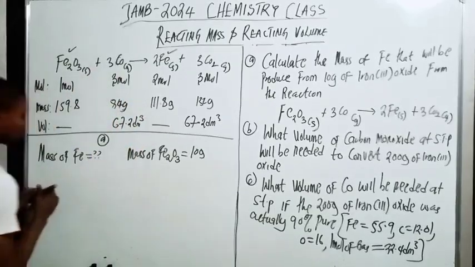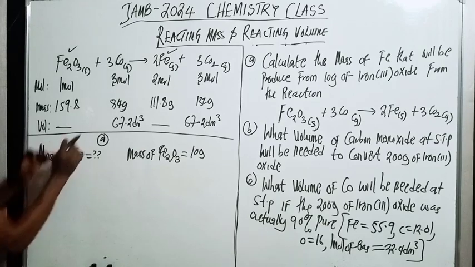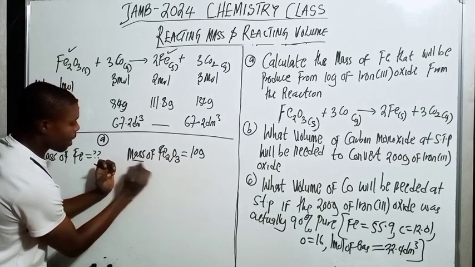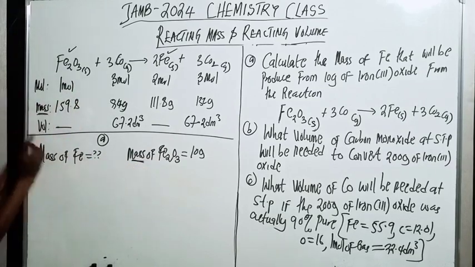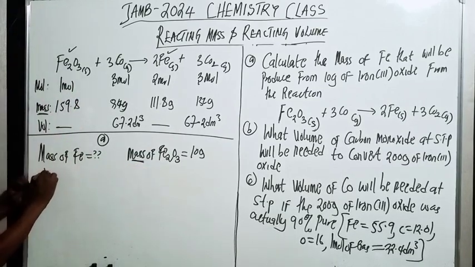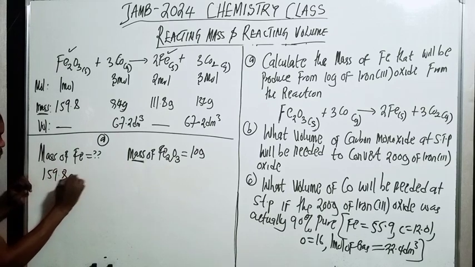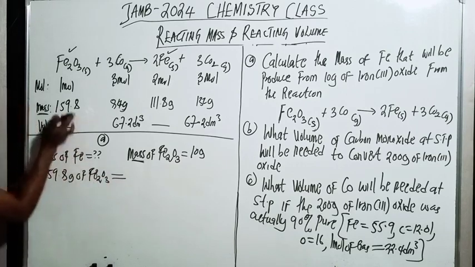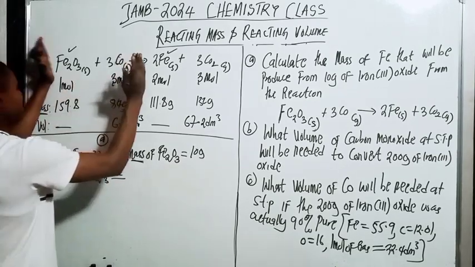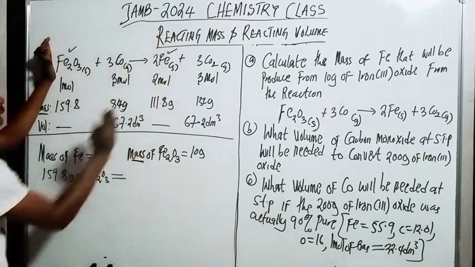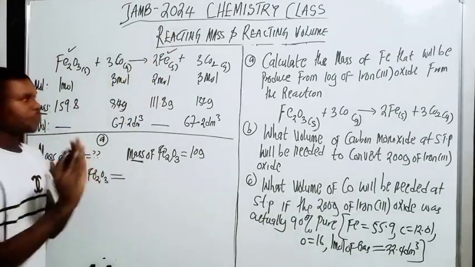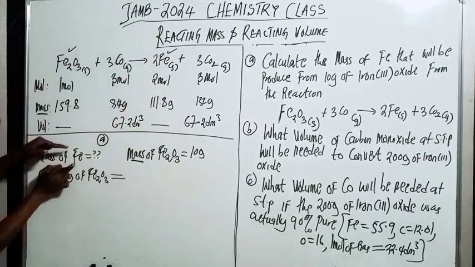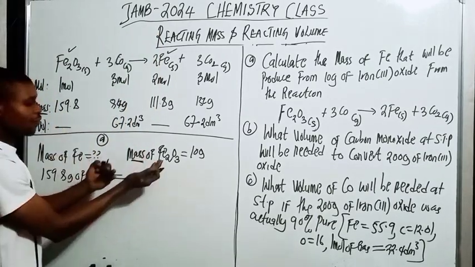It is 111.8 gram. So because here we have iron first, let's pick this one. What is the mass of iron 3 oxide here? 159.8 gram of Fe2O3 is equal to 111.8 gram of Fe. Why do you focus on this guy and this guy? Please pay attention. Because they say you look for the mass of iron, and we are giving you the mass of iron 3 oxide.